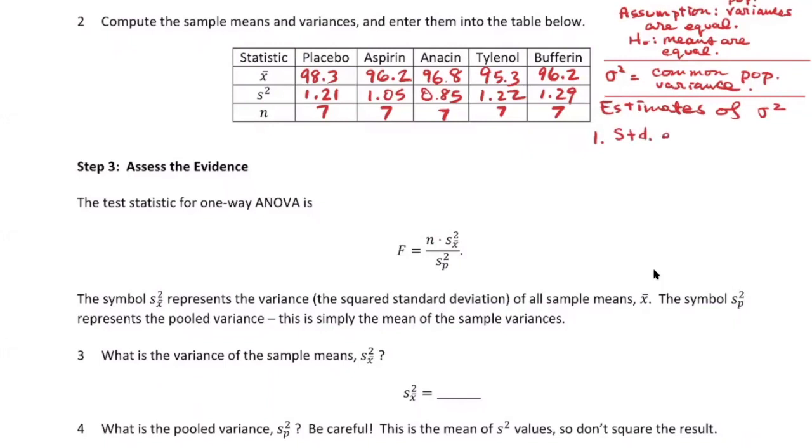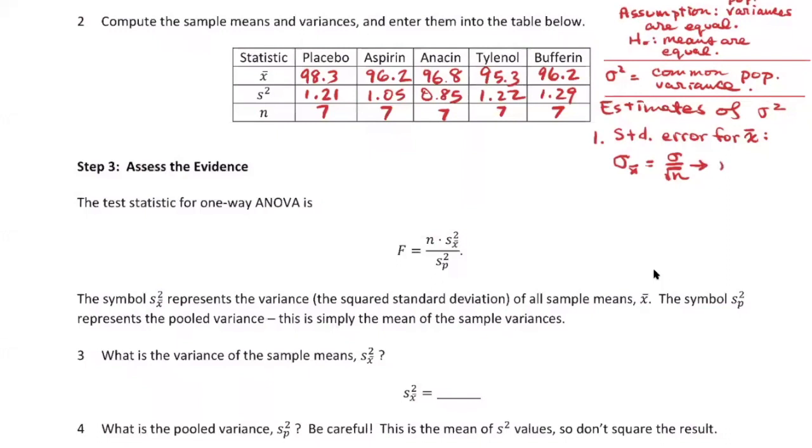The standard error for X bar, sigma X bar, is sigma over the square root of n. So that's from chapter 7, which tells us that now that has the population standard deviation in it. And I'm trying to solve for the variance. So I'm going to first solve this for sigma.